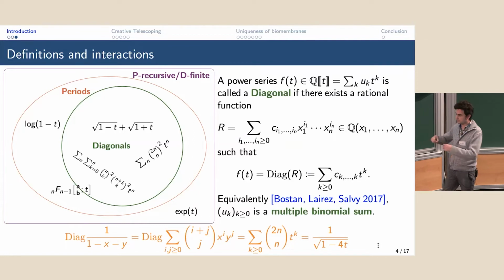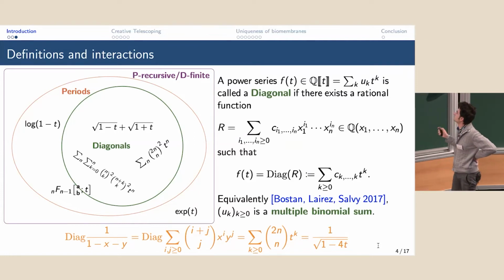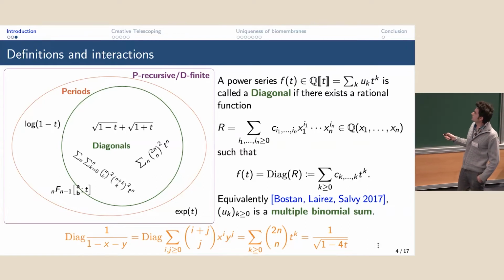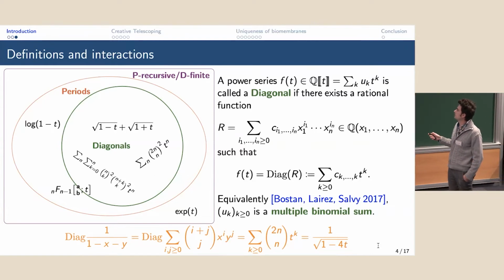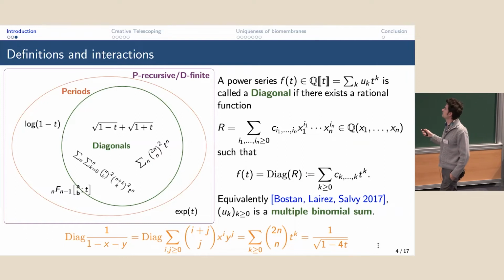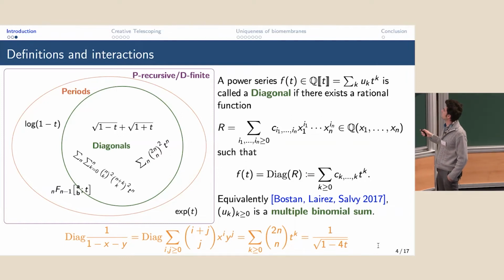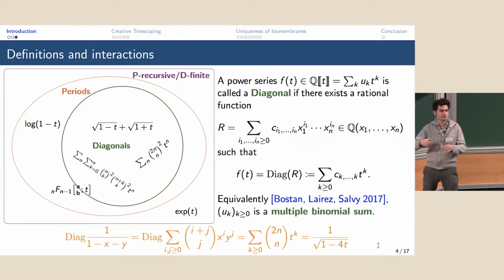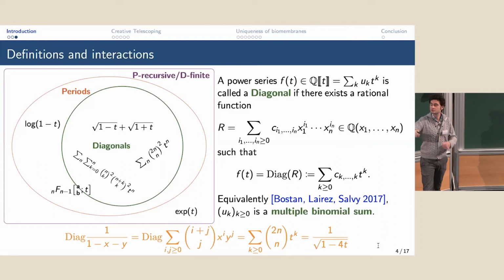Before that, we integrated some rational function, and now we do a special kind of integration. Namely, given a rational function in the variables x1 until xn, we expand it as a power series. And then we collect those terms which are on the diagonal, meaning they have the same index.